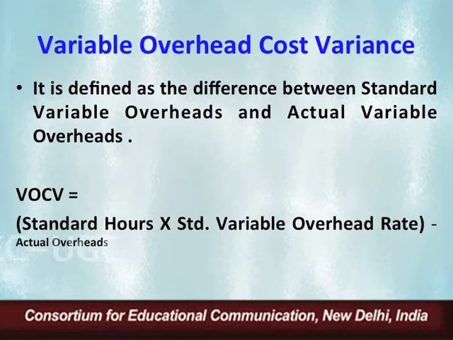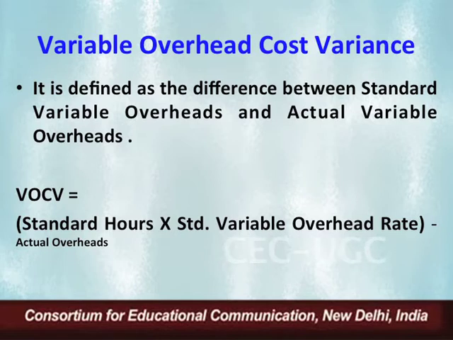Variable overhead cost variance is defined as the difference between the standard variable overheads and actual variable overheads. Always remember, my dear students, whenever we are computing a variance, it is always the difference between the standard and actual. Whether it is material variance, labor variance or overhead variance, the basic fundamental principle is the difference between the standard and actual.